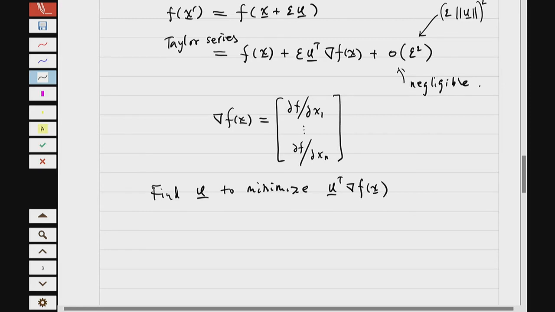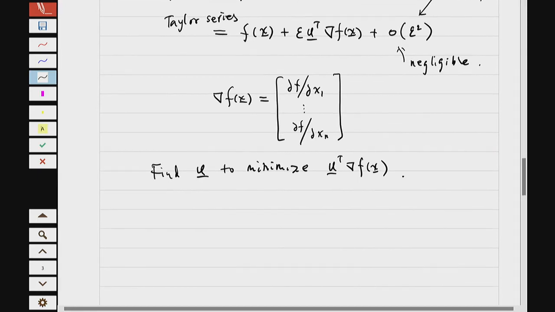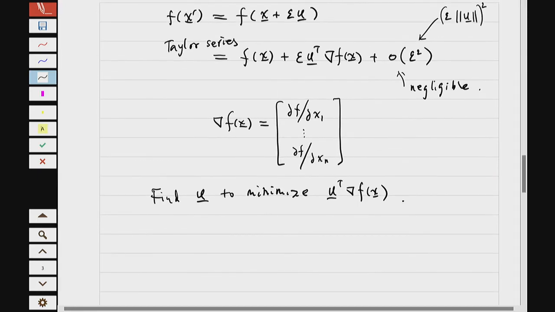That's all that we need to do. Okay. How do I minimize an inner product? Now we have to go back to your linear algebra course. What is the inner product in terms of two vectors? What does it mean, so that we know how to minimize it.